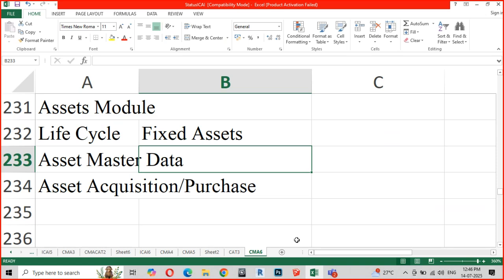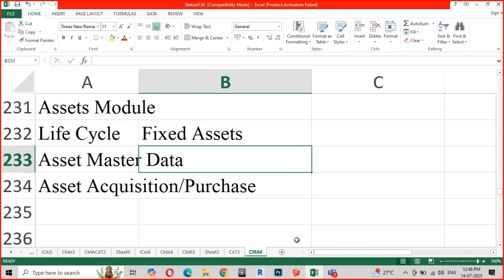Asset accounting in SAP necessarily means fixed assets. It does not have anything to do with your current assets, because current assets are taken care of in the normal finance module itself. But to handle fixed assets, you require a special module called the asset module.